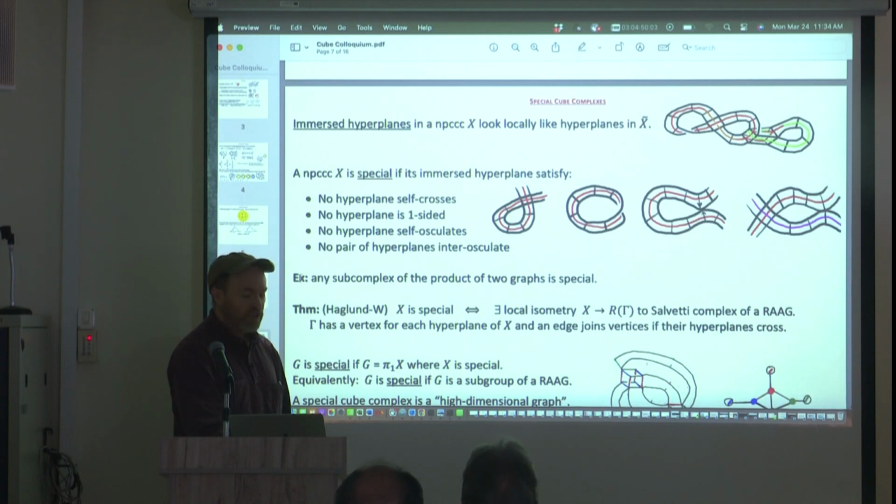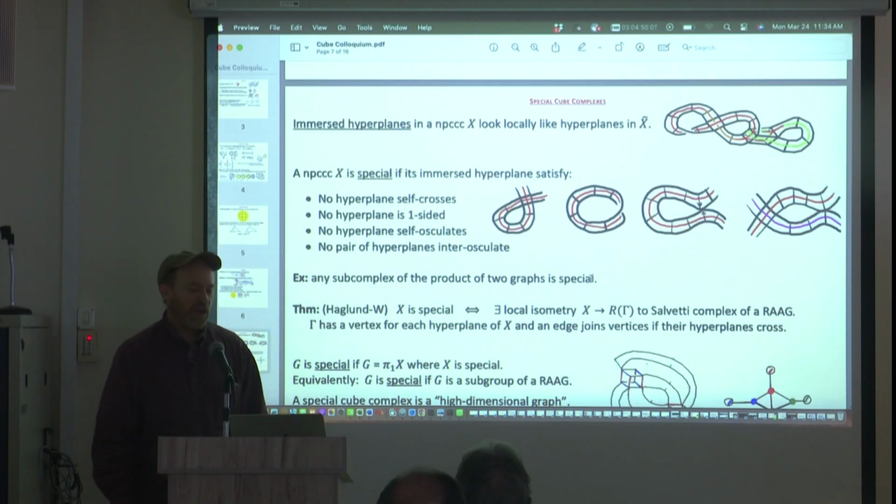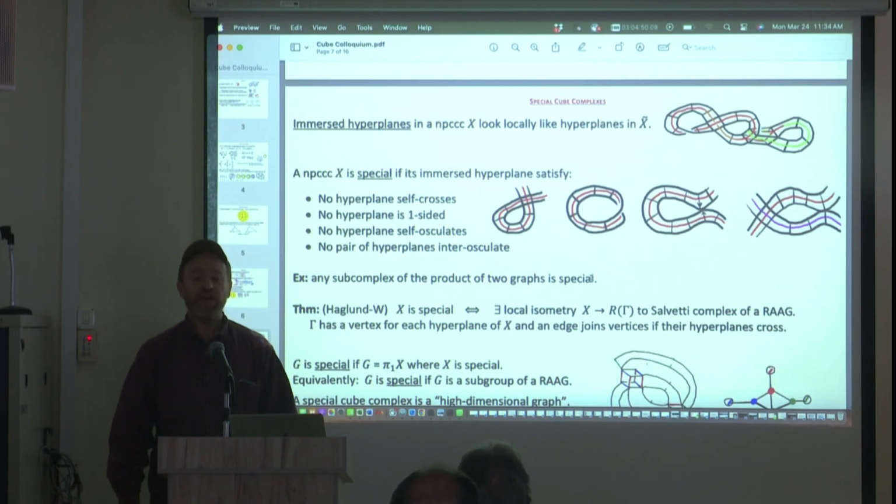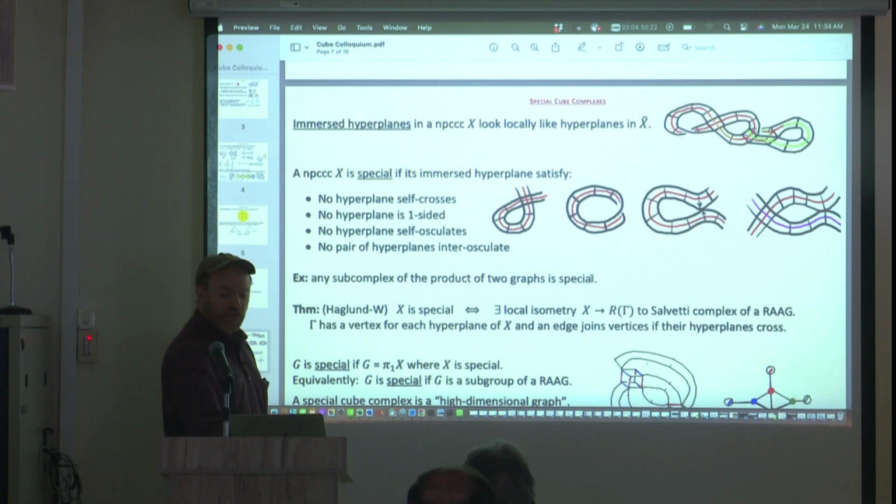And this is a very strange example because I know that an extraordinary array of groups that arise both in geometry topology and in combinatorial group theory are actually fundamental groups of such subcomplexes, or at least they have finite index subgroups which are fundamental groups of such subcomplexes.